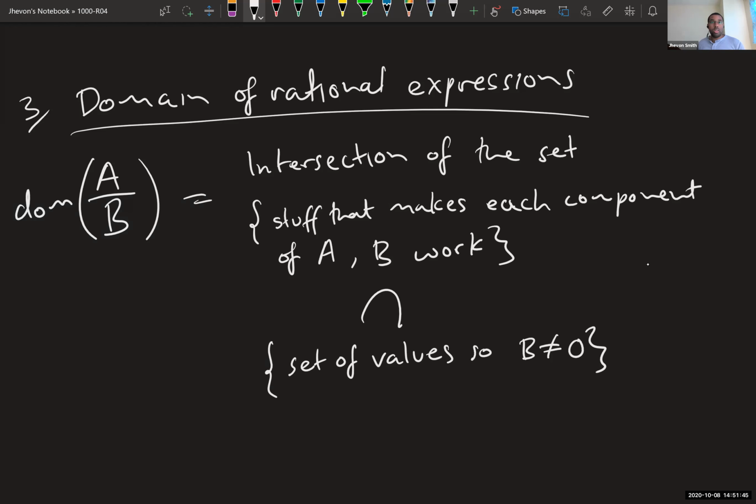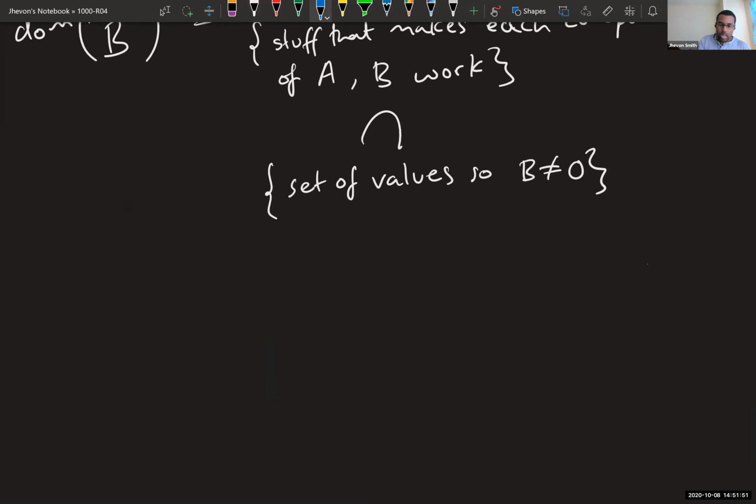So you never want to divide by 0, but you do have to be aware that everything else needs to work anyway. So without talking too much about that, maybe I'll just give an example.